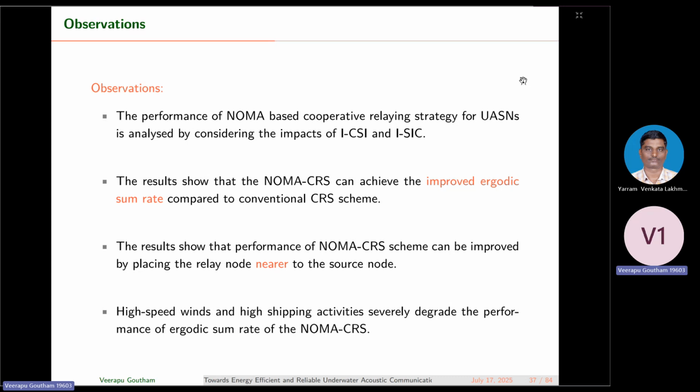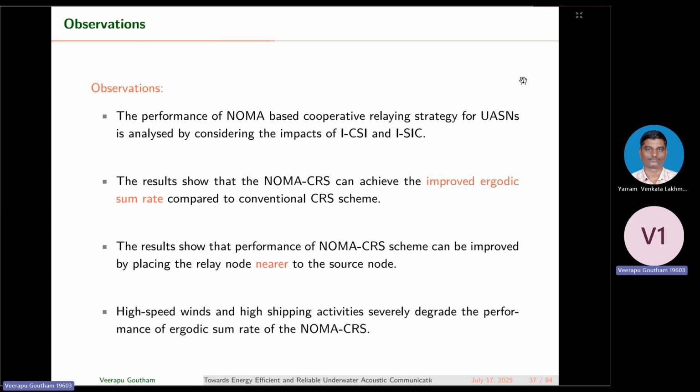Okay, basically our observations are that the performance of NOMA based CRS for UASN is analyzed under imperfect CSI and imperfect SIC. The results show that NOMA CRS can improve the ergodic rate compared to the conventional CRS, and that its performance can be improved by placing the relay node near the source node.